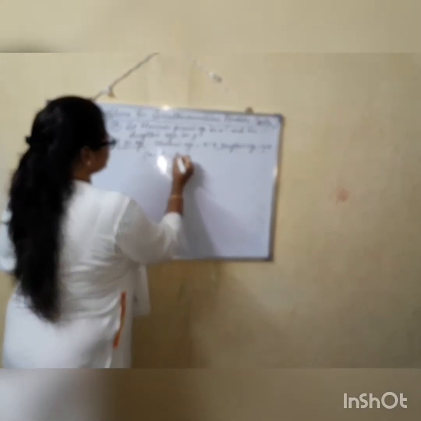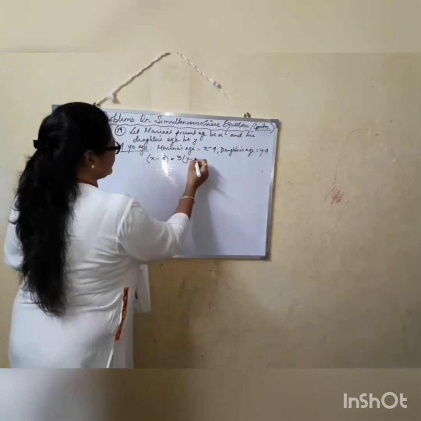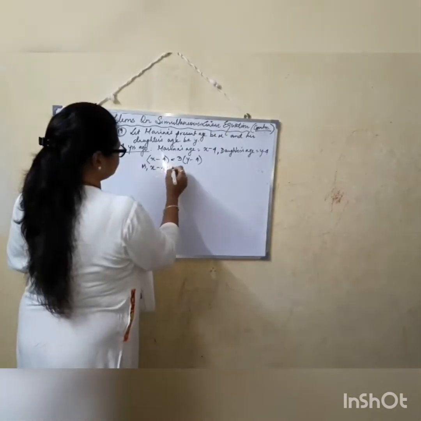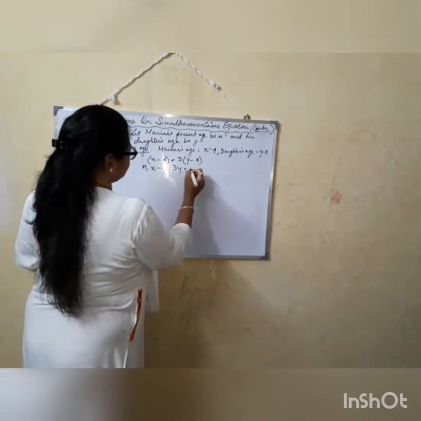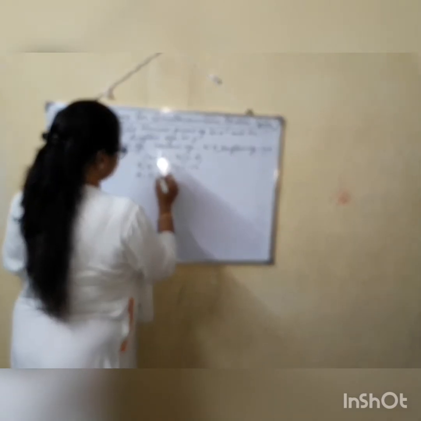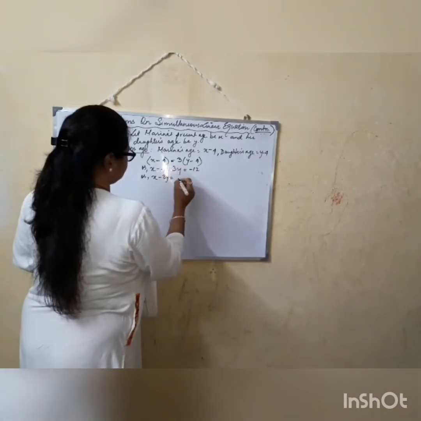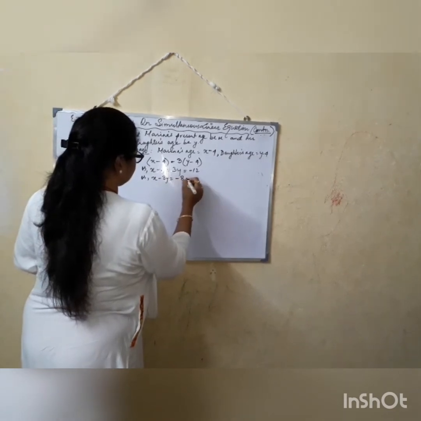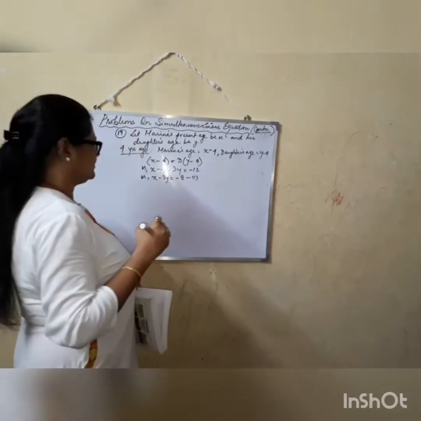So we get x minus 4 equal to 3y. So this is the first equation that we are getting.